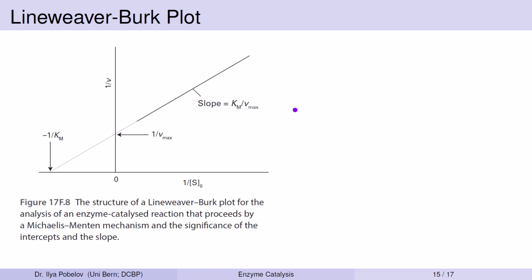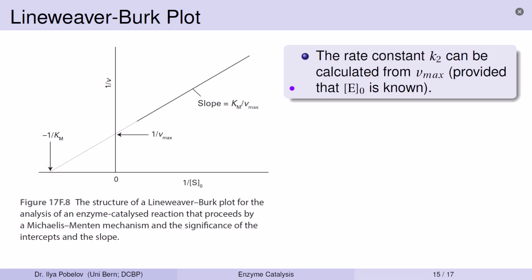An illustration of the Lineweaver-Burk plot is shown in this figure. Here, the y-intercept of this plot corresponds to 1 over Vmax, and the slope gives the ratio of the Michaelis constant to the maximum rate. The x-intercept at -1 over Km provides a direct measure of the Michaelis constant.